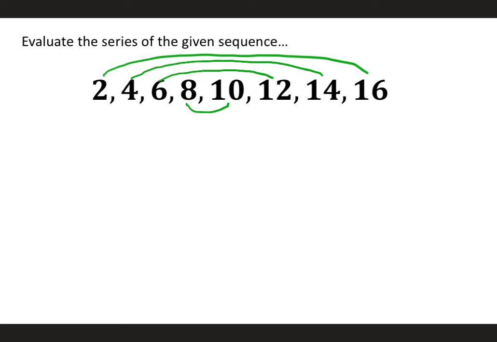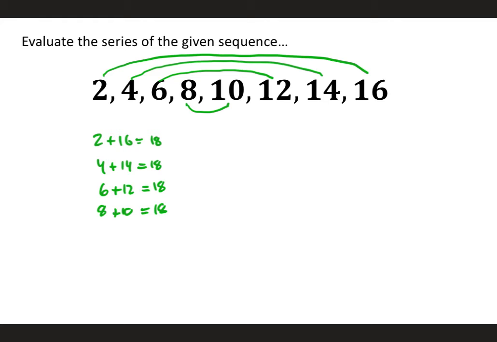2 plus 16 equals 18. 4 plus 14 equals 18. 6 plus 12 equals 18. 8 plus 10 equals 18. And so the story goes that the kid explained his method. He added 1 to 100, 2 to 99, 3 to 98, and he saw that they all added up to 101.